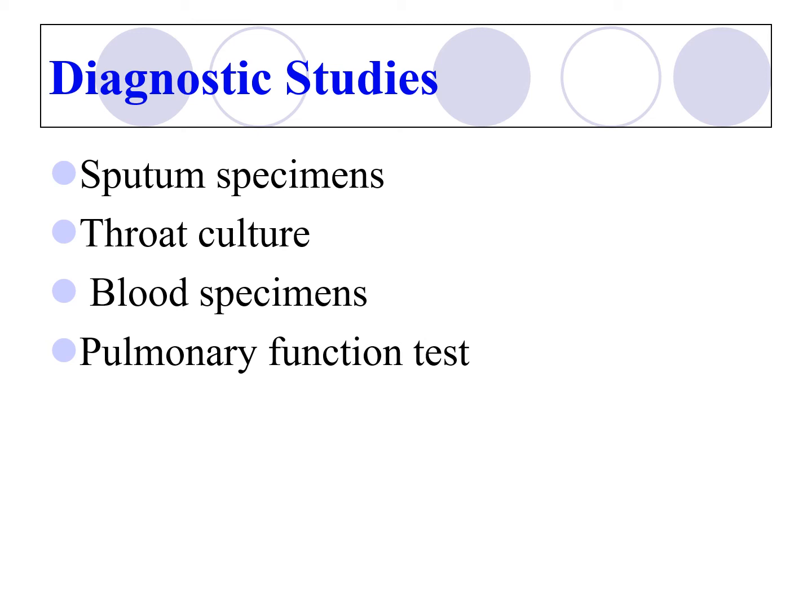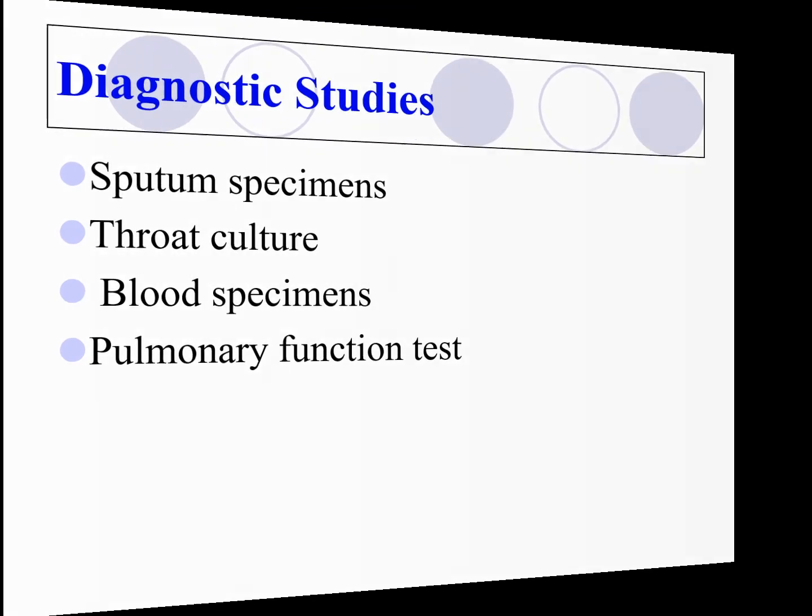Also, we can take a blood specimen to see if the client is having anemia or any other problems that will affect the respiration. Pulmonary function test also, we can do as a diagnostic study, to measure the lung capacity and the vital capacity and all of those things.